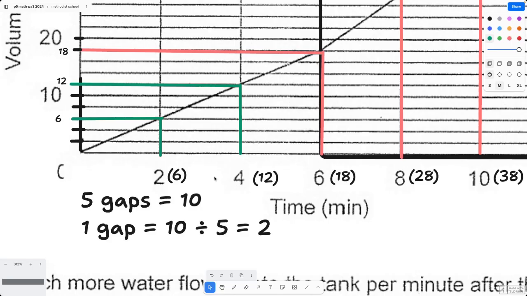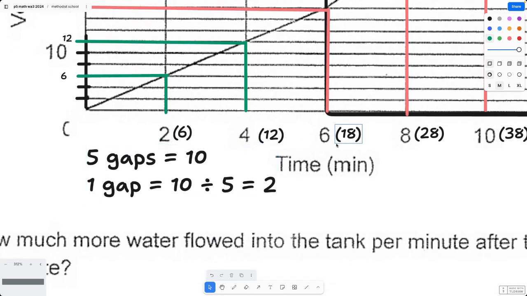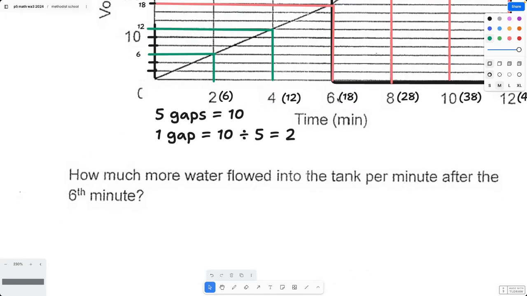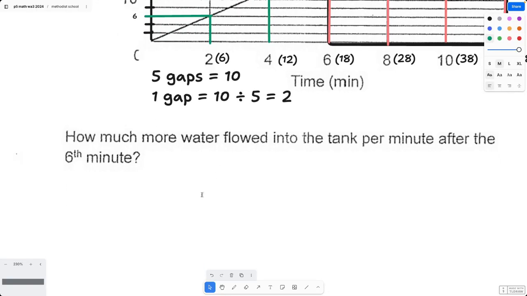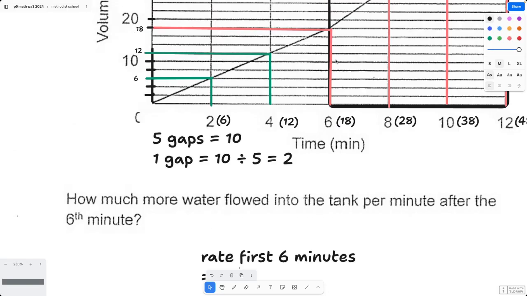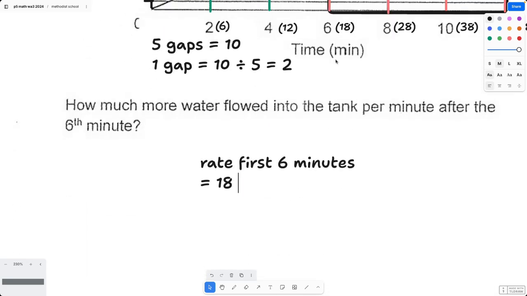All right, so in this case, what we want to do is we want to know what's the rate before 6 minutes and before. Okay, so we're going to write down rate in the first 6 minutes. Okay, so basically we have 18. All right, so the rate is basically the water level 18, and then we divide it by 6, right?